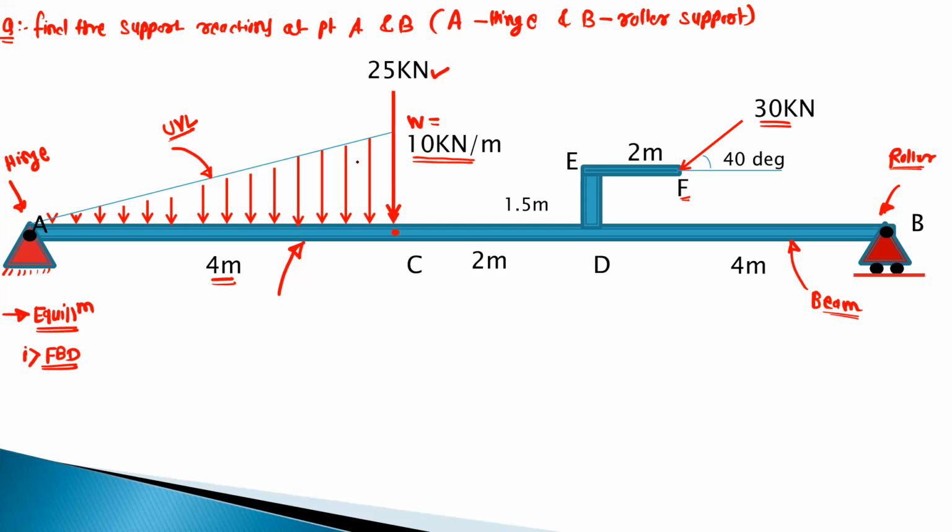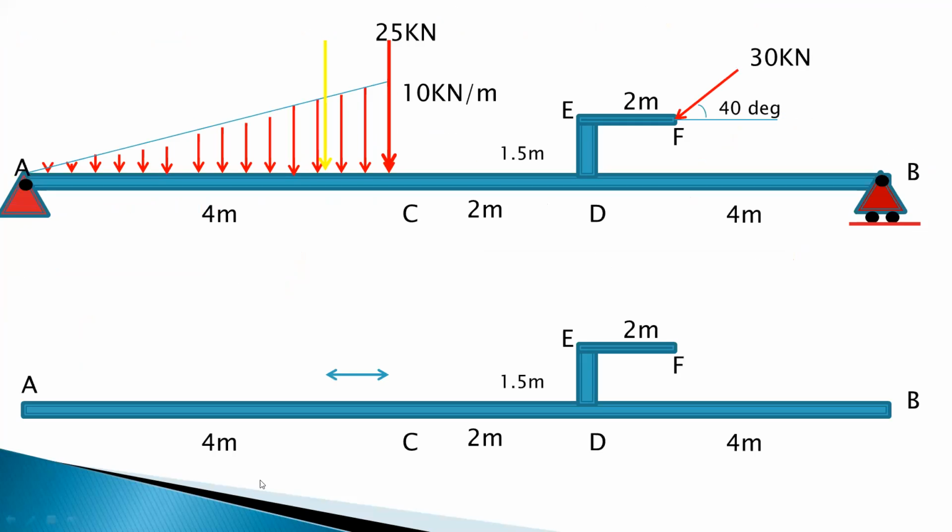So here you can see, draw the beam AB as it is. This is the DEF, which is the extended portion. Then the next step: at point A, there will be two reactions. One is VA, and the second, the horizontal reaction, is HA, because this is the hinge support.